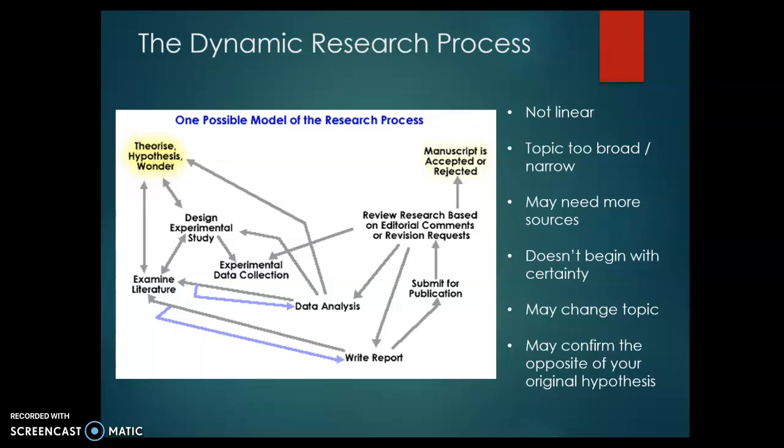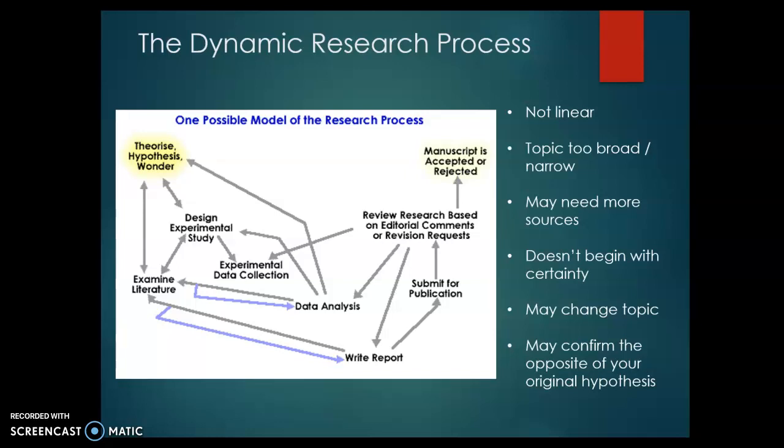The research process is not linear. There are general steps in a general chronological order you will follow, but you will constantly tweak this process. You'll go back and forth. For instance, if your topic is too broad or too narrow and you start going out into the academic world and start searching for academic sources and find that you can't produce any results, there's no journals that are going to support the topic that you are presenting, then you may have to adjust your topic to make it a little bit more broad or more narrow.